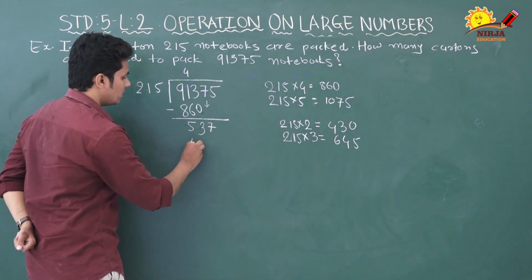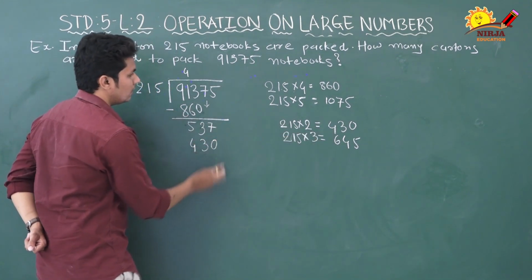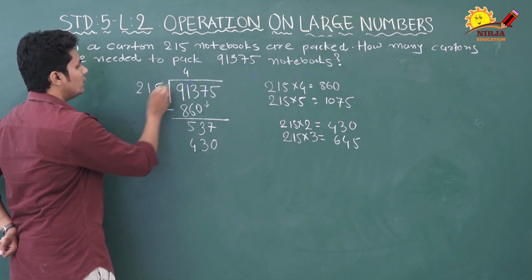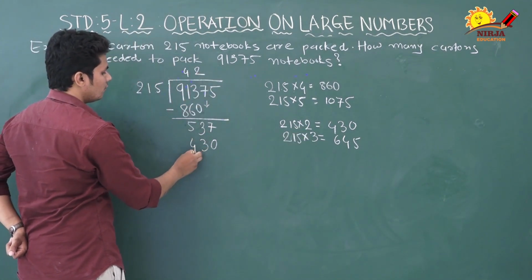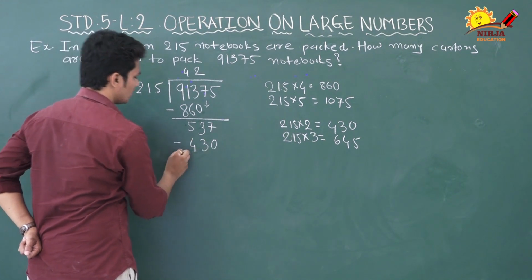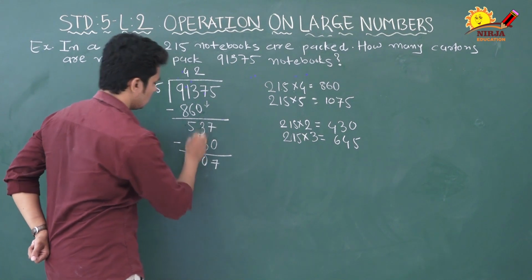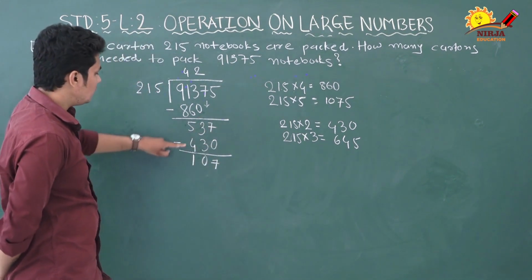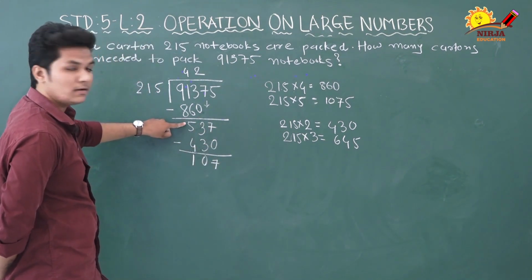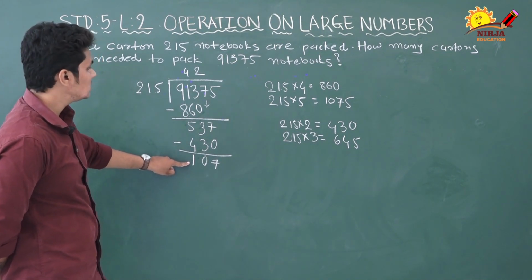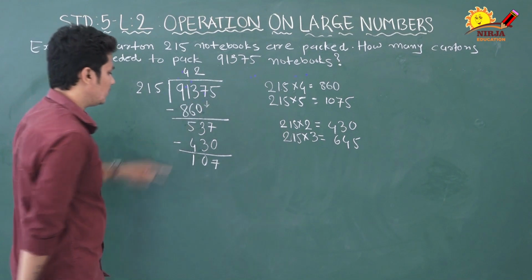So here we will write 430, which is 215 multiplied by 2. Okay, so if we subtract 430 from 537, we get 107. Now let's bring down the next number, which is 5.